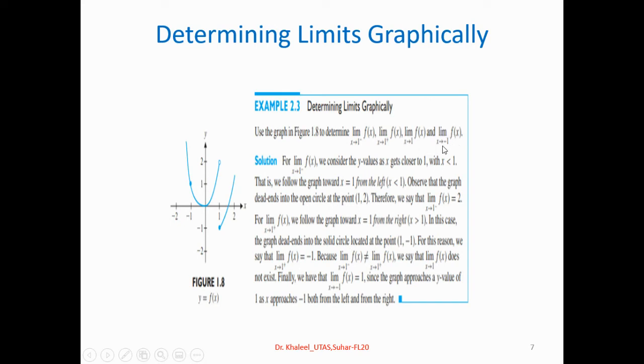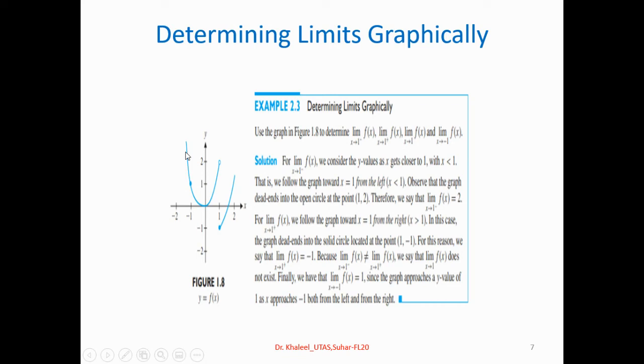Similarly, to find the limit as x approaches -1, this is not a one-sided limit. So I need to find the left-hand limit and the right-hand limit. We are here. I come from the left-hand side, then from the right-hand side.